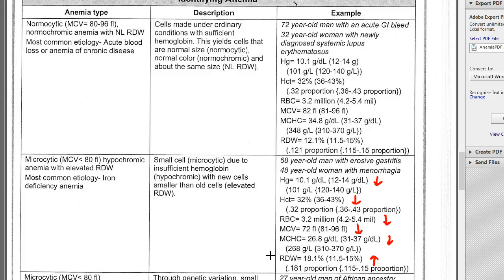Let's see other medications. Medicines for thyroid. We talked about that recently. So your levothyroxine, your Synthroid. You're going to want to instruct your patients to take that medication either 2 hours before or 4 hours after they take their dose of iron.